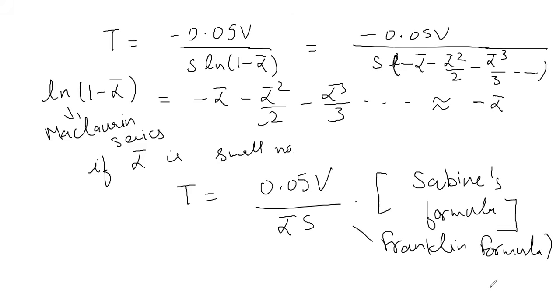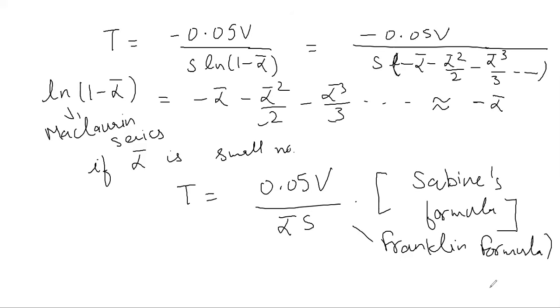While we are talking about the limitation of Sabine's formula, we said that it is only applicable when your alpha bar is less than or equal to 0.2. Again, it's not a very sharp boundary. It's not that at 0.1999 it is perfect and at 0.2111 it is absolutely wrong. It's not that sharp a line at 0.20.